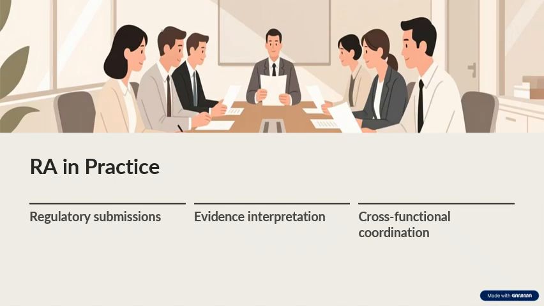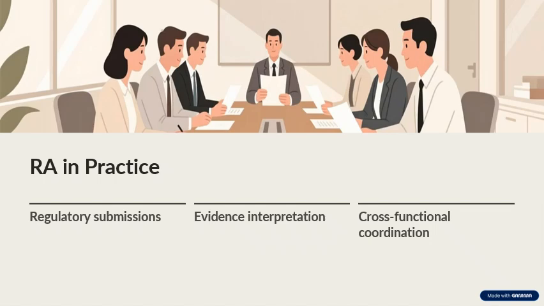Now that we understand the purpose, let us look at what regulatory affairs actually does in practice. In practice, regulatory affairs professionals perform several key activities. They prepare and manage regulatory submissions, such as applications for product approval or requests to change an approved product.